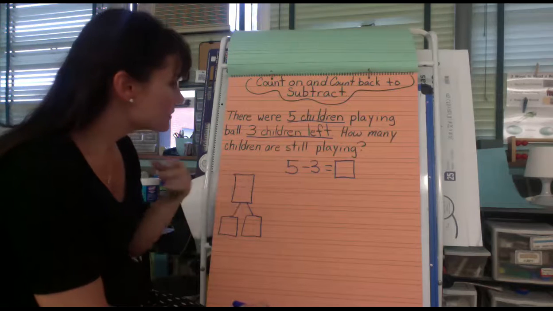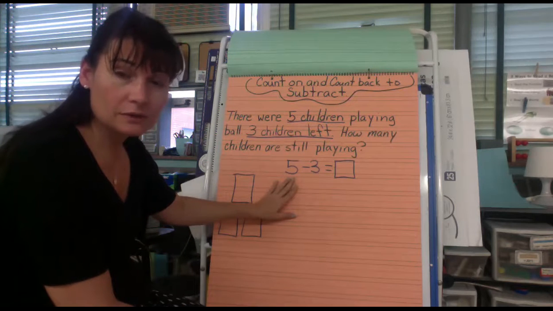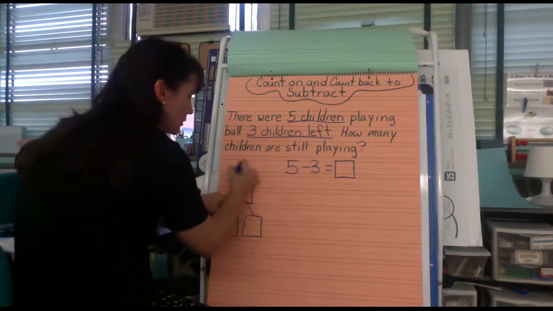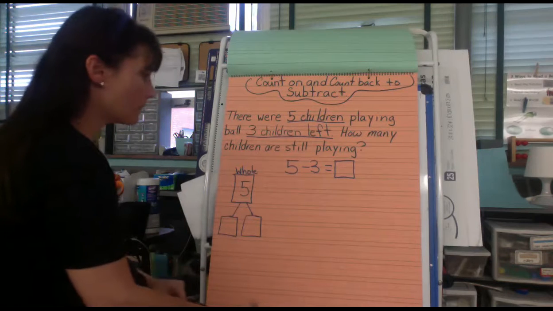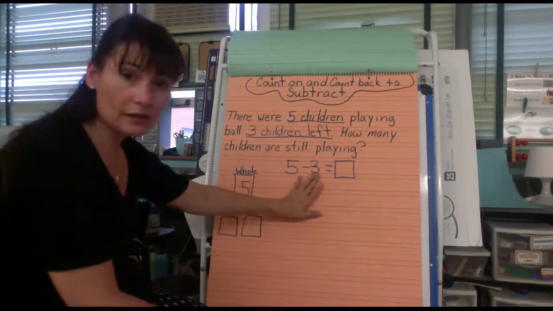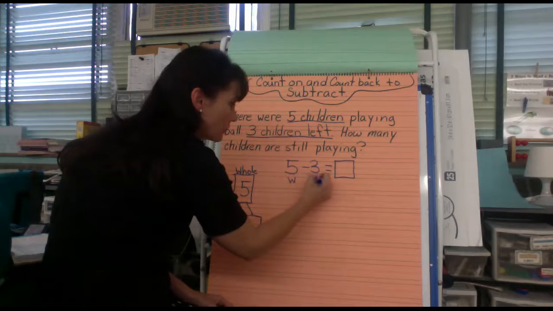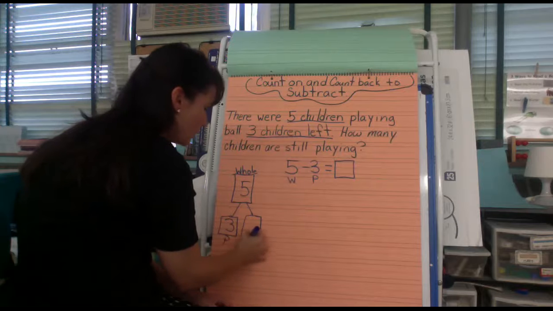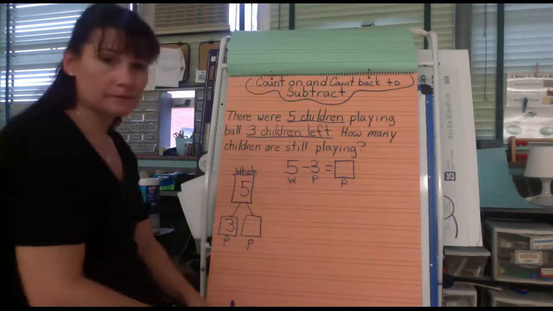So what is the first number in our equation? It's 5. So the whole number, I'm going to go ahead and write whole, would go up here. That would mean that 3 is a part. So 5 is a whole, 3 is a part. And what we are trying to figure out is the other part.